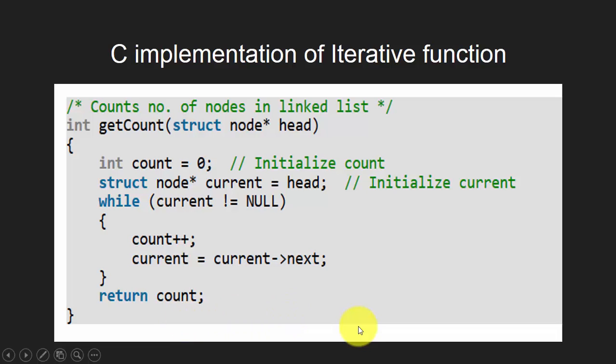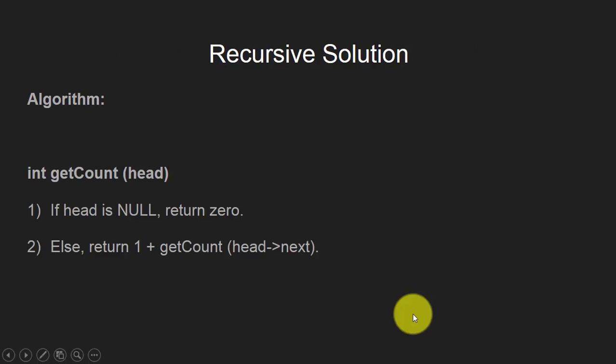Let us now move to the recursive solution. Let us now try to understand the algorithm or pseudocode of the recursive function. As you can see, the recursive function getCount is taking the head node of the linked list as argument. It then checks whether this node is null or not.